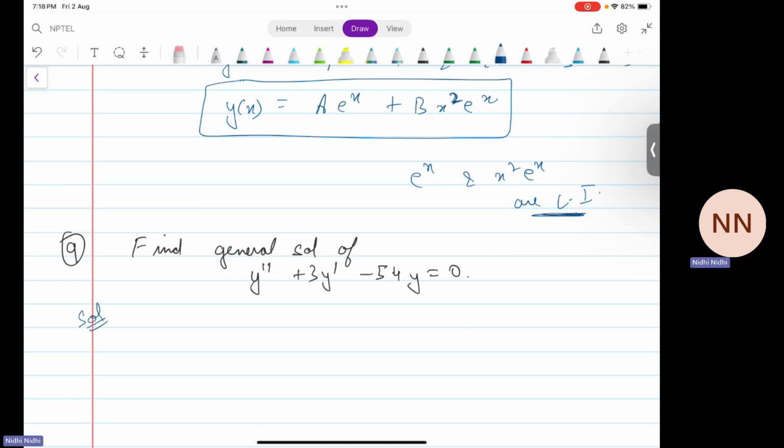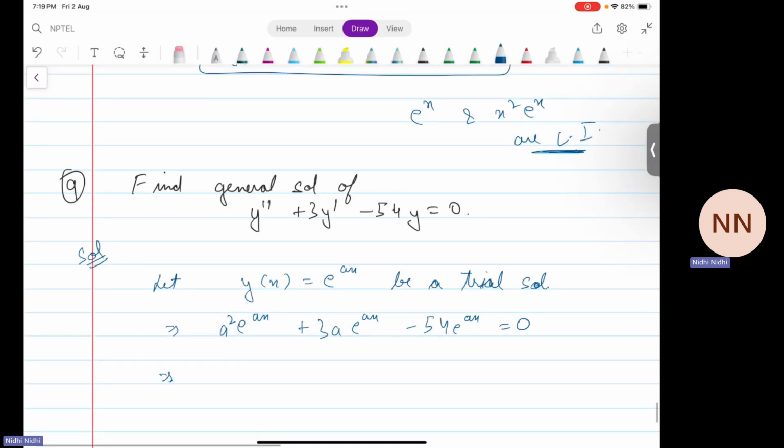Solution. We solve such problems by starting with a trial function. Let y(x) equal e to the power ax be a trial solution. We will see whether this would work or not. So this implies e to the power ax a squared plus 3a e to the power ax minus 54 e to the power ax is equal to 0.